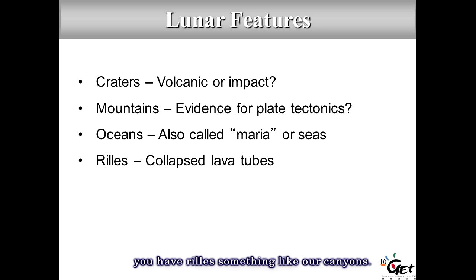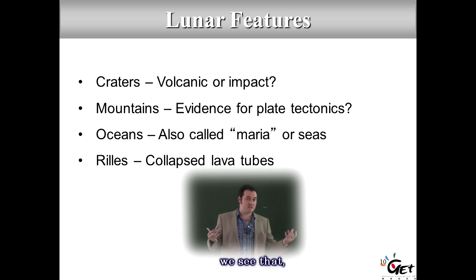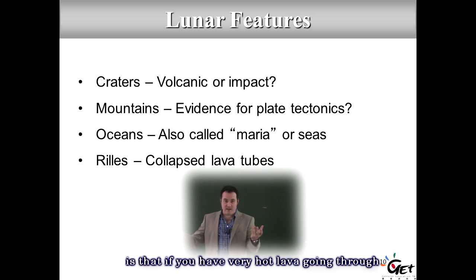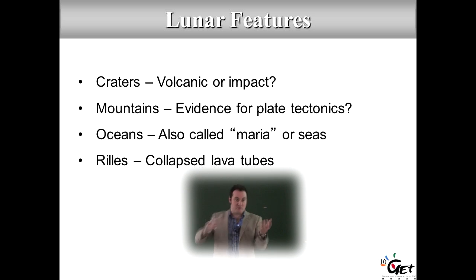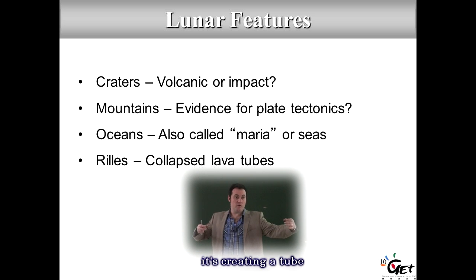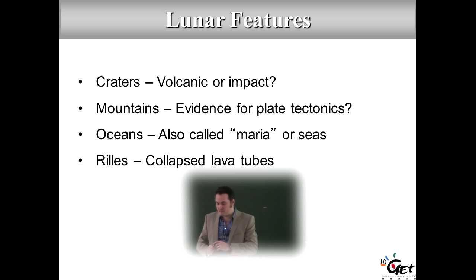And you have rilles, something like our canyons. We think that they are collapsed lava tubes. On Earth, if you have very hot lava going through the crust, but not onto the surface, it's creating a tube, and sometimes it's collapsing, and it's creating a very deep canyon.